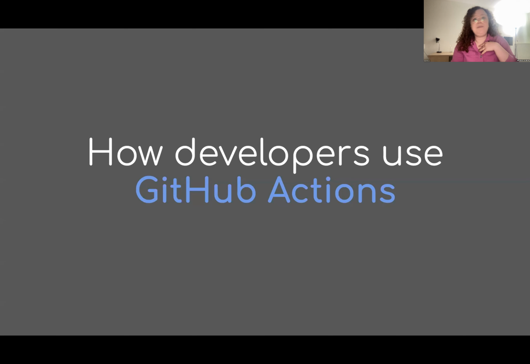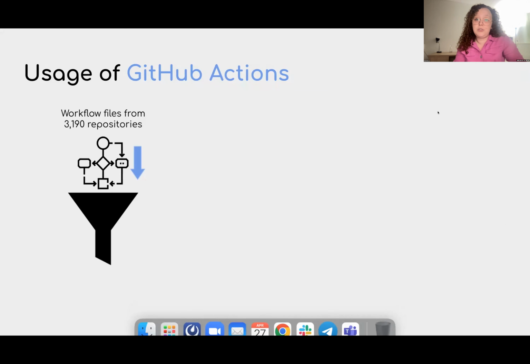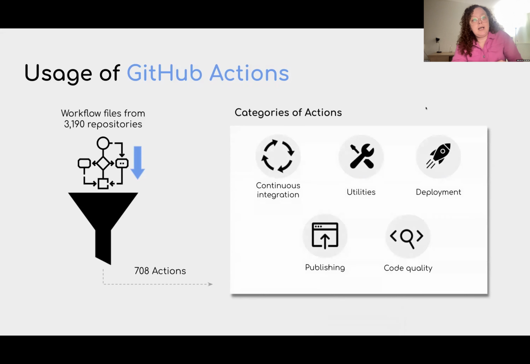But then how do developers use this action? This is one thing that we studied. By looking at the configuration files of these actions for 3,000 different projects, we found 700 different actions being used.